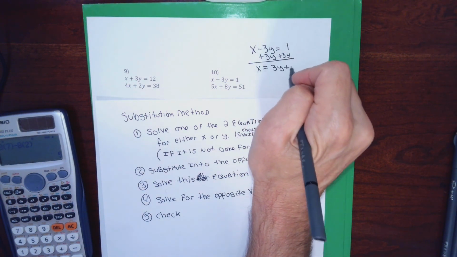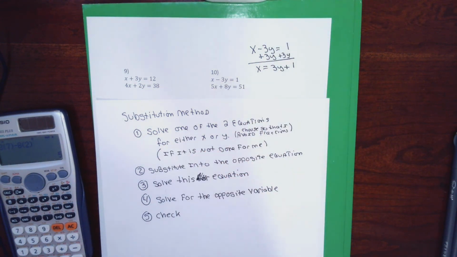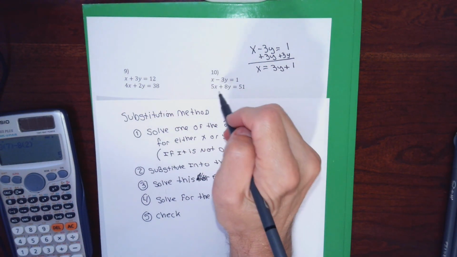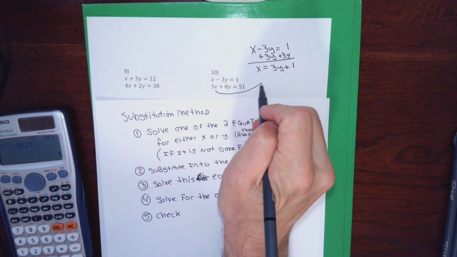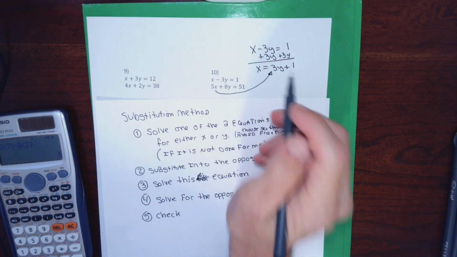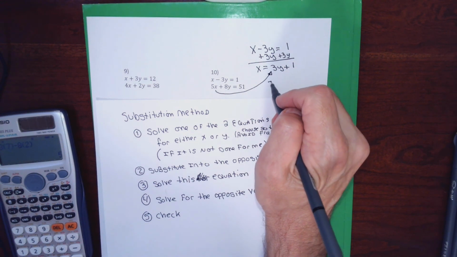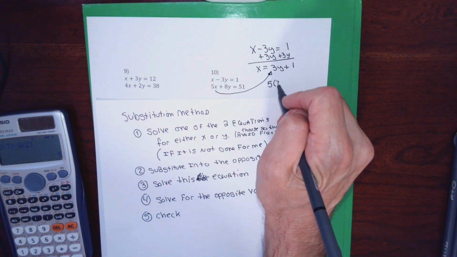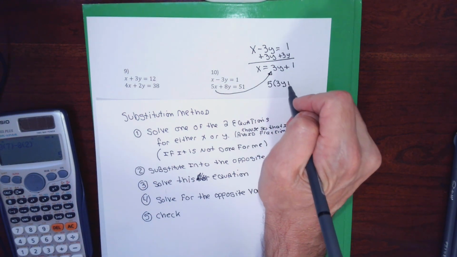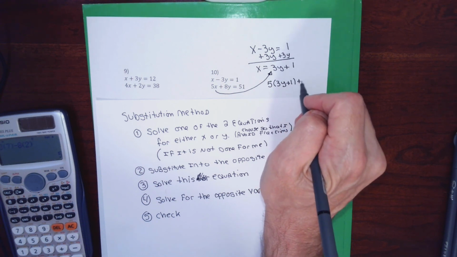And now I've solved one of the two equations for x, that's good enough for my first step. I'm going to move on to my second step and substitute into the opposite equation. So for the x in the opposite equation, I'm going to put in 3y plus 1. So I'm going to substitute 3y plus 1 in for the x in the bottom equation.